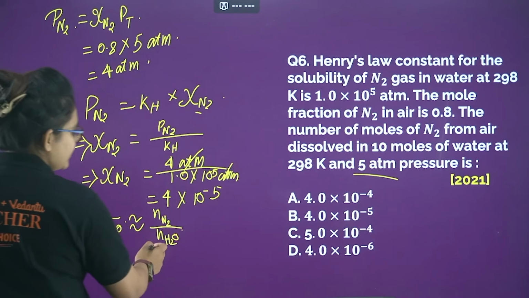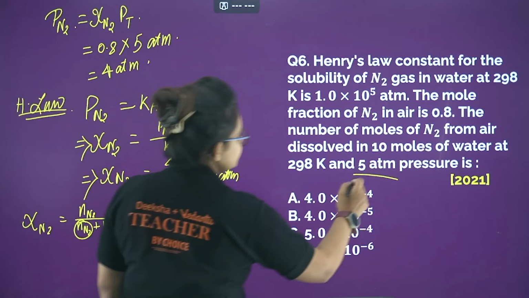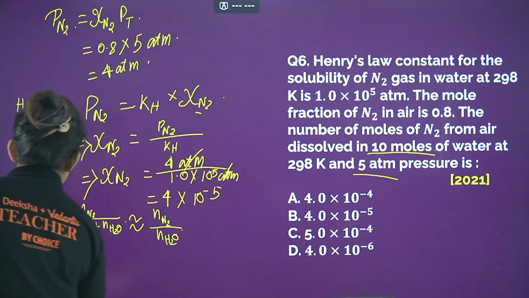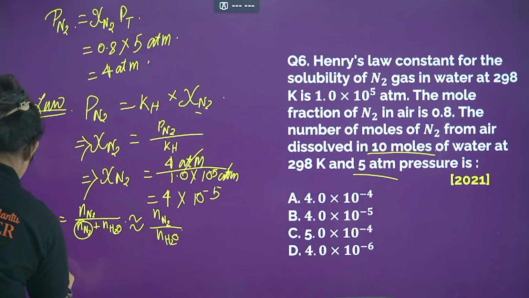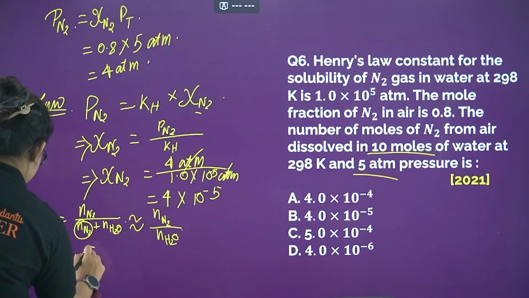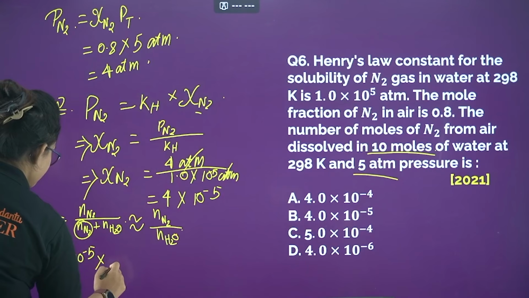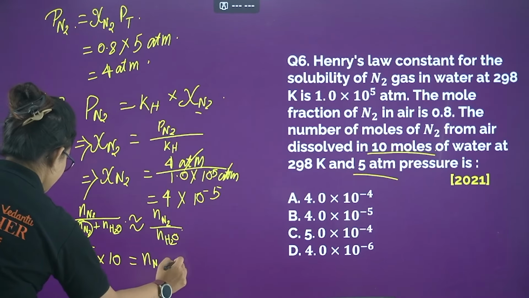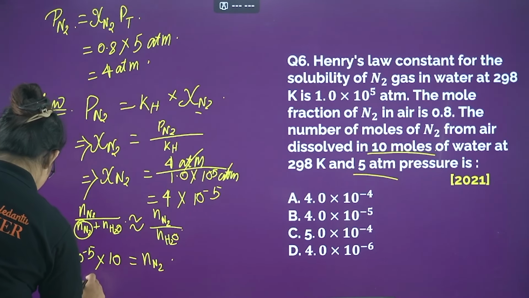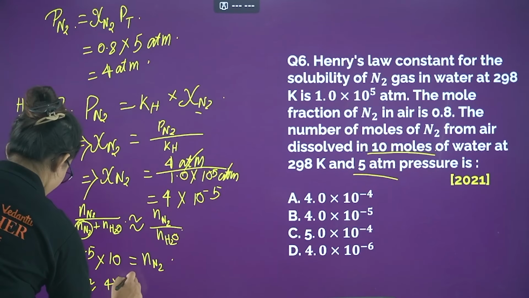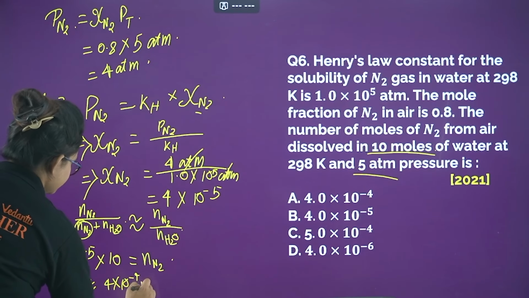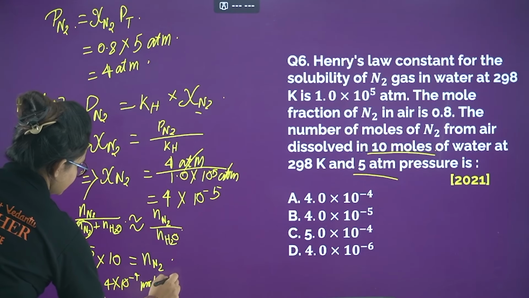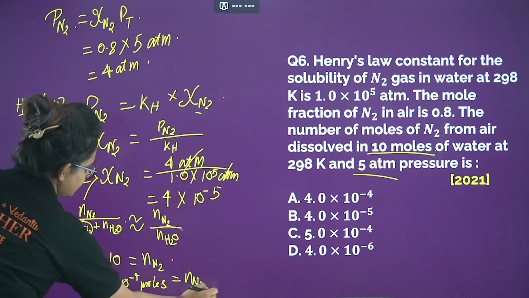Here the number of moles of water is given as 10 moles. So the mole fraction 4 into 10 power minus 5, multiplied by 10, equals the number of moles of N2, which comes to 4 into 10 power minus 4 moles. You proceed the same way.